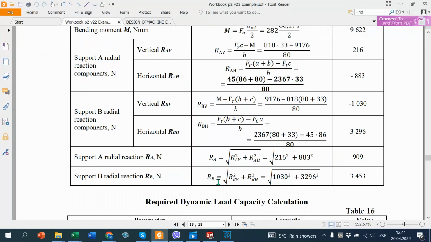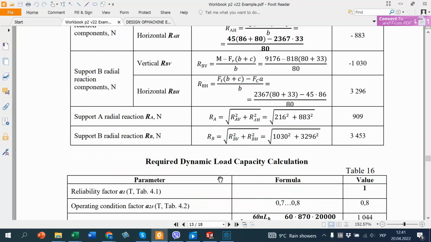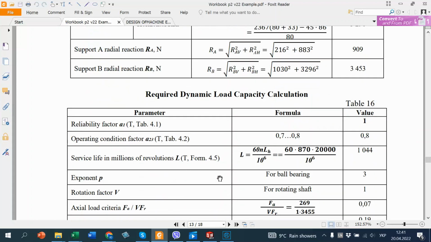So, we calculate support B load capacity, the required load capacity, and we'll select the bearing according to this load. One more thing. This reaction is load on a support.